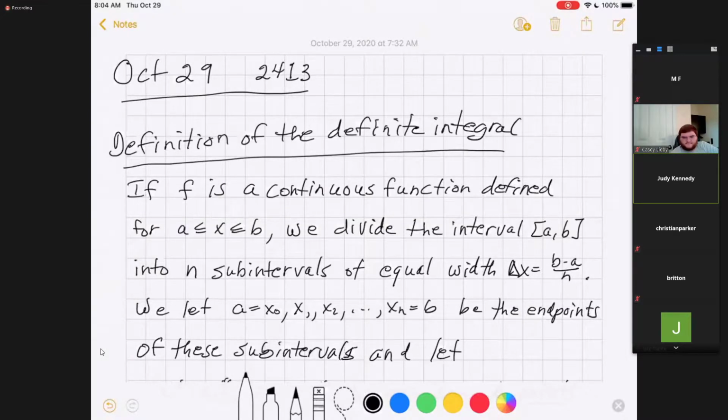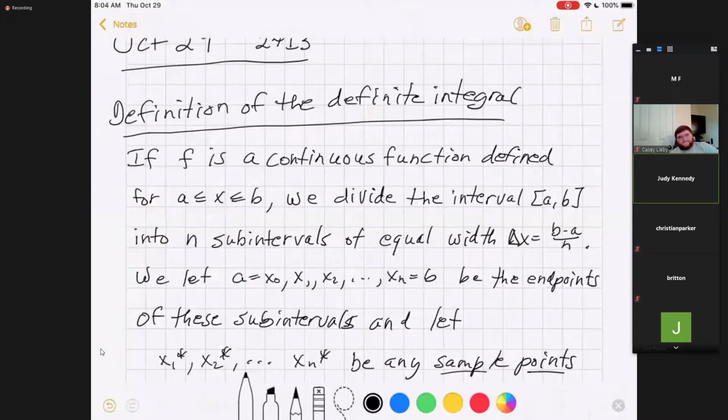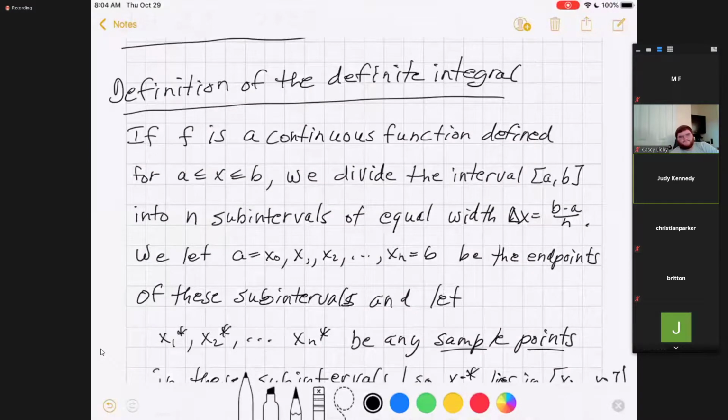You start with your left endpoint a, and that's x sub 0. Then you increment by 1 delta x, that gives you x1. Then you increment by another delta x, that gives you x2. You keep incrementing until you reach the other endpoint b. So the endpoints of the subintervals are x0, x1, x2, all the way up to xn.